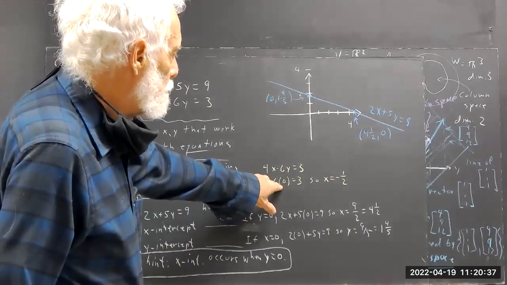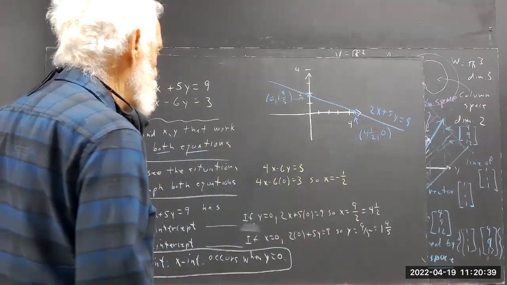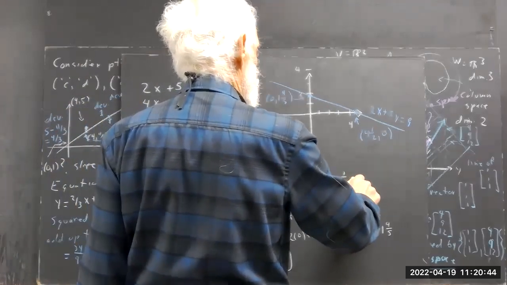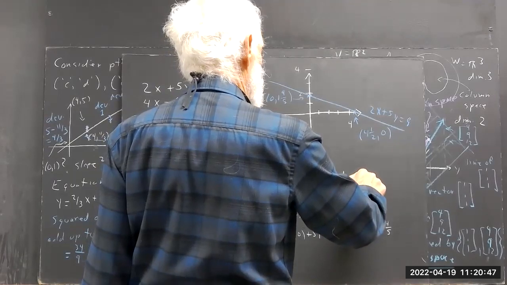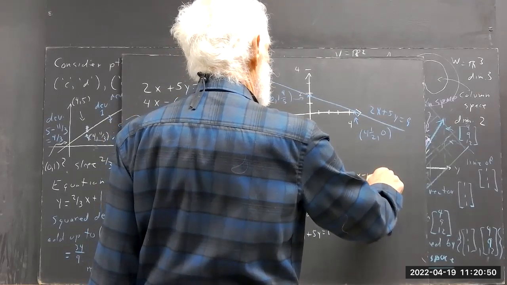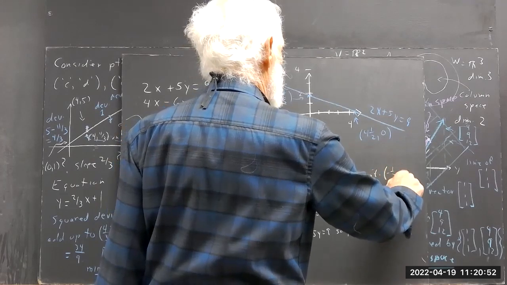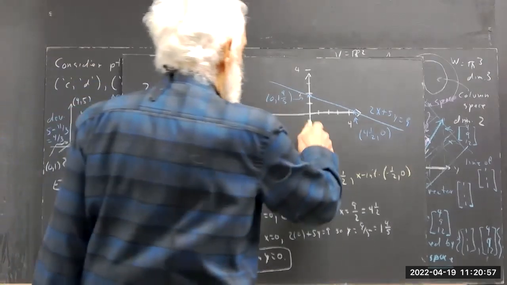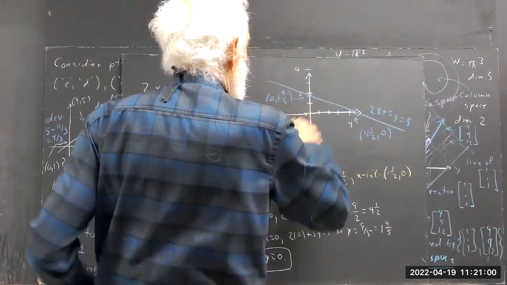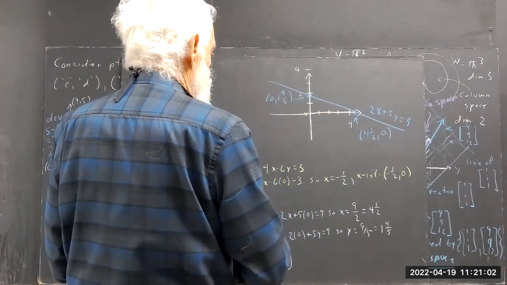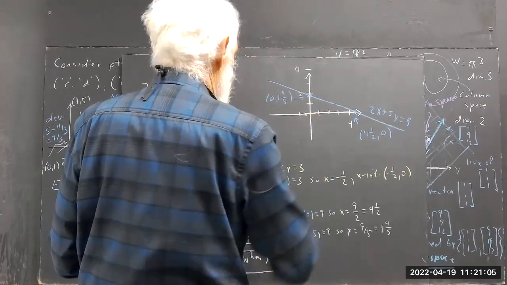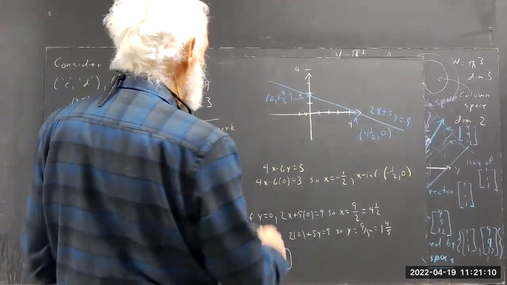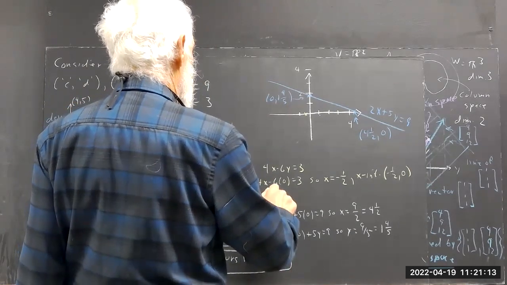So if y equals 0, we get x equals -1/2. So the x-intercept is -1/2, 0, which will be about here. This is 1. The -1 is going to be about here. That's about -1/2. Okay. If x equals 0, we get 4 times 0.